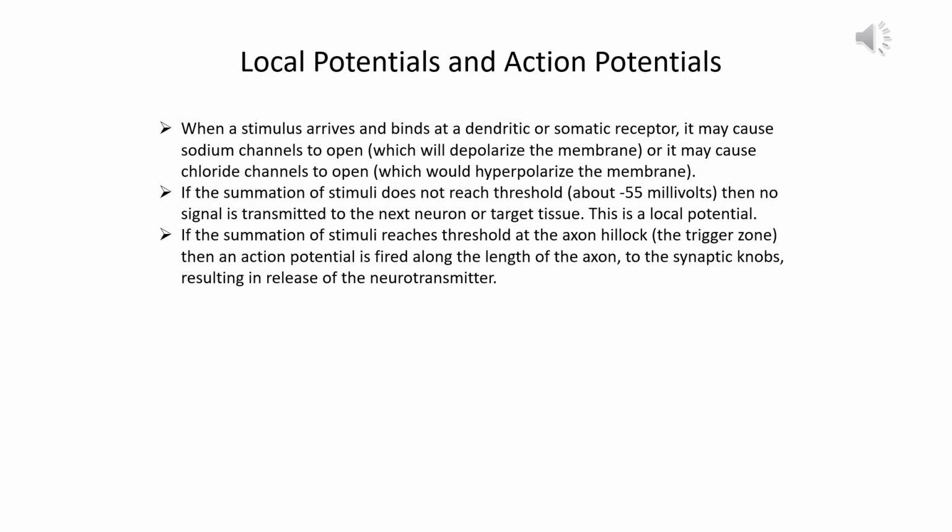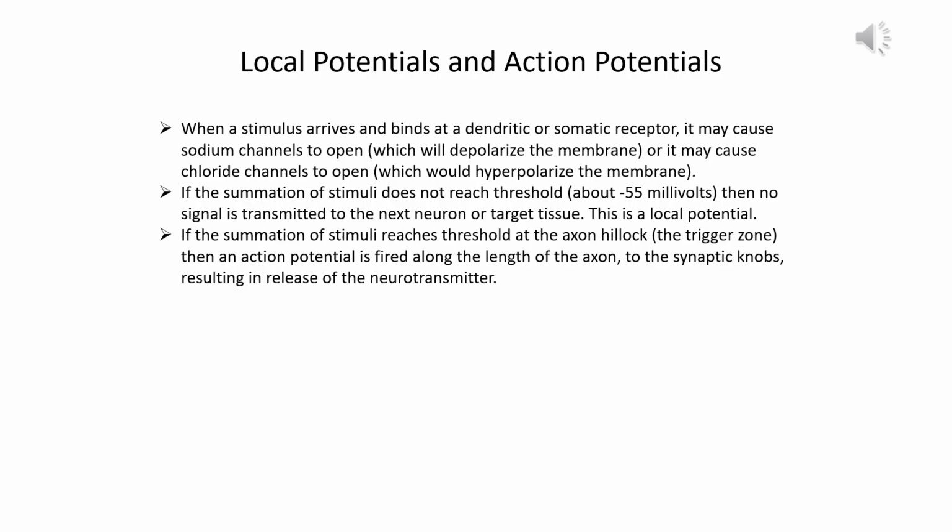So we can have a stimulus which causes sodium channels to open. That's going to depolarize, but then there are also stimuli that can open chloride channels. If chloride channels are open, chloride is a negatively charged ion, then it will contradict the signal, or the depolarization, that is offered by the sodium. So we have to summate.